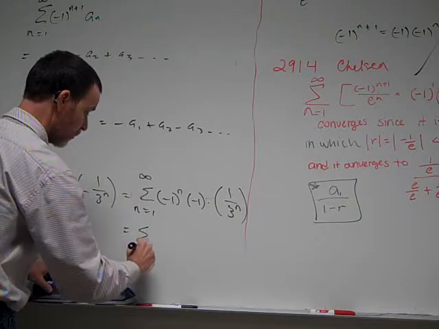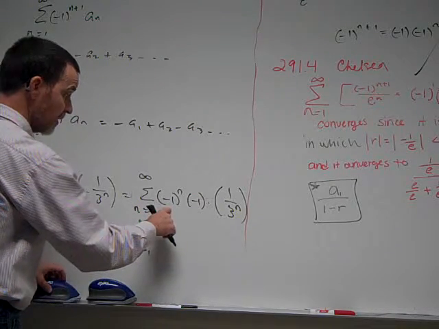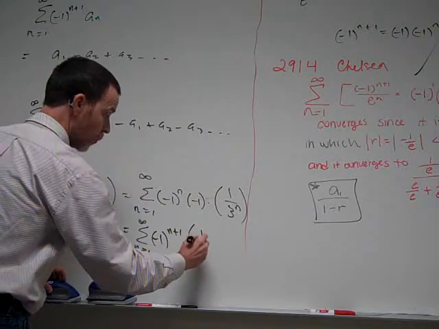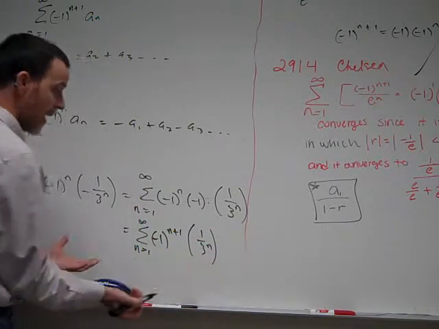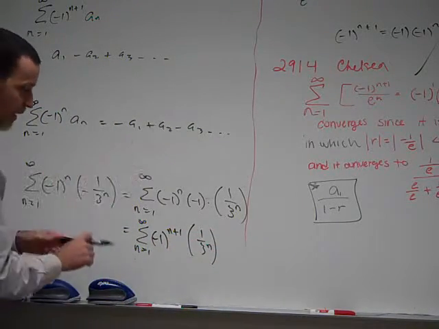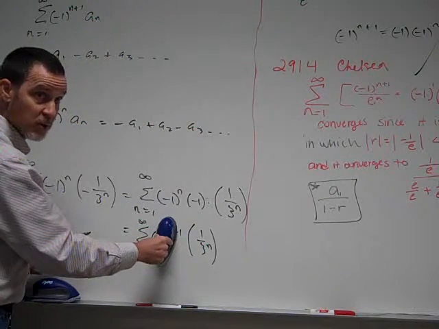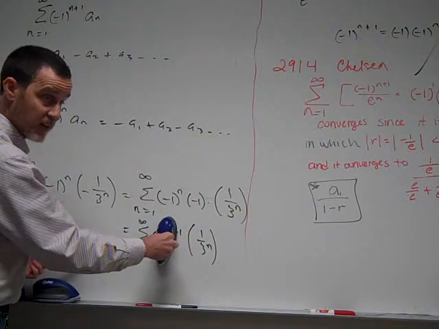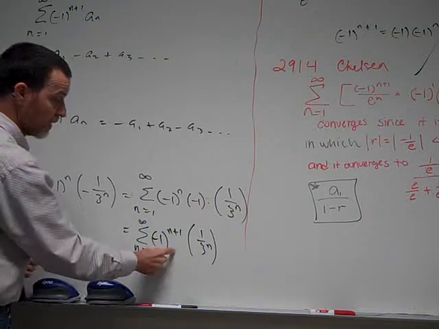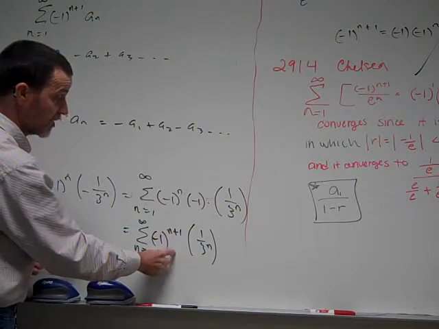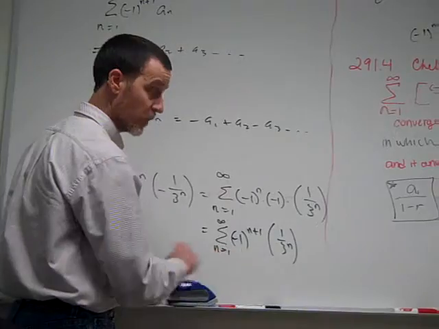I have the sum from n equals 1 to infinity of negative 1 to the n plus 1, times 1 over 3 to the n. Now I've got geometric, just like that one. Throw this part away. It converges because it's geometric and r is 1/3, which is less than 1. Therefore, it certainly converges. The absolute convergence test says if it converges without the alternating part, then it definitely converges with the alternating part.